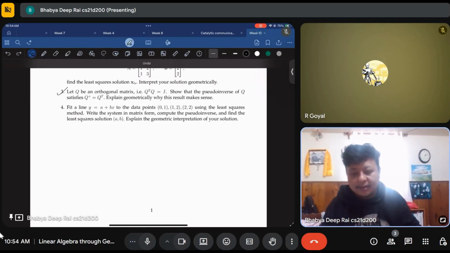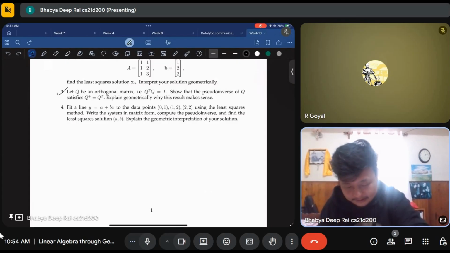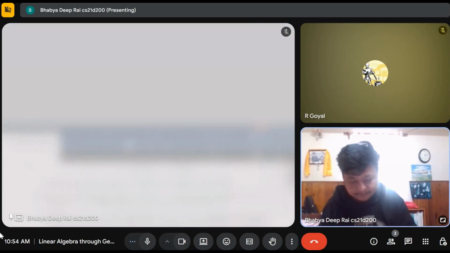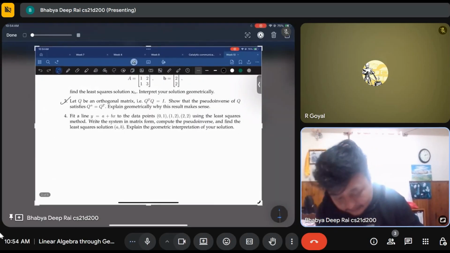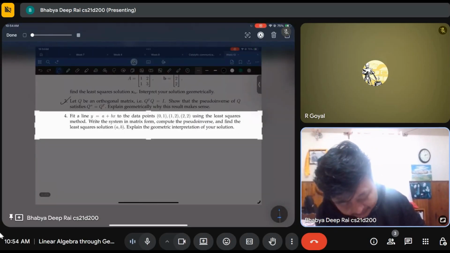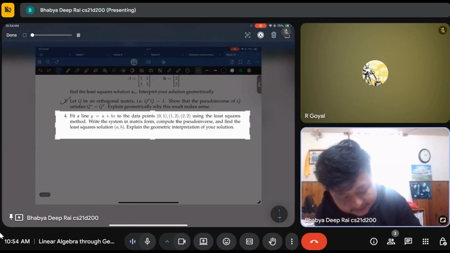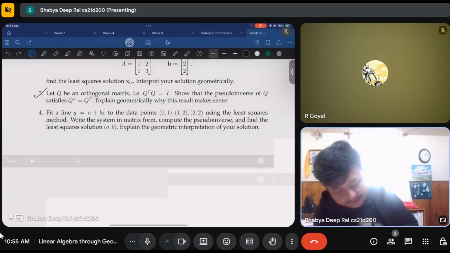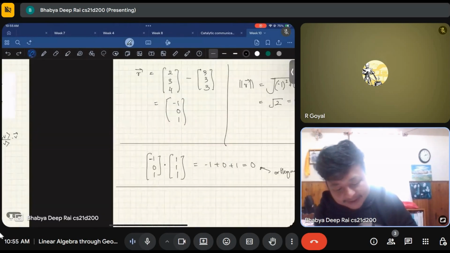Question 4 is an application of least squares. Least squares is a popular technique in statistics, numerical analysis and so on.